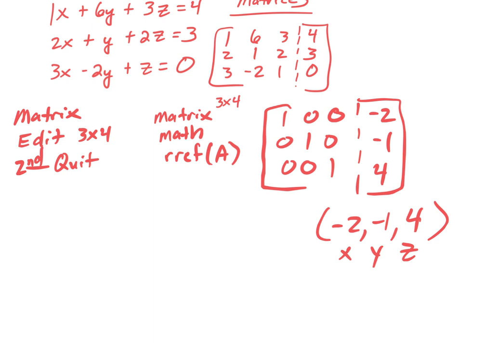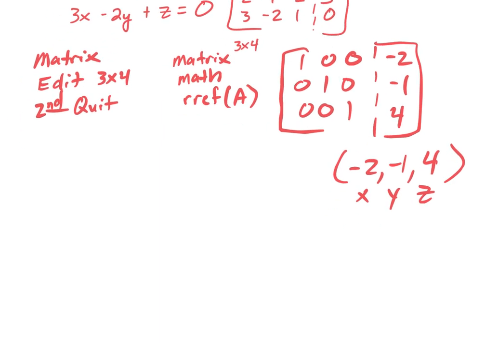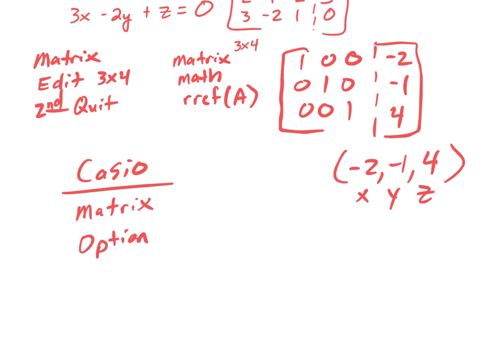Yeah, so Casio's. If you have a Casio, you're going to put it into your matrix. You got to go to option, and then you're going to go to matrix, and then RREF.